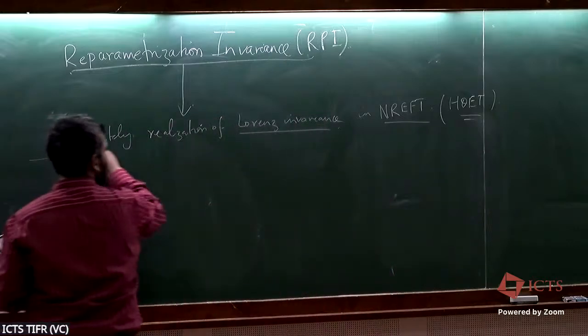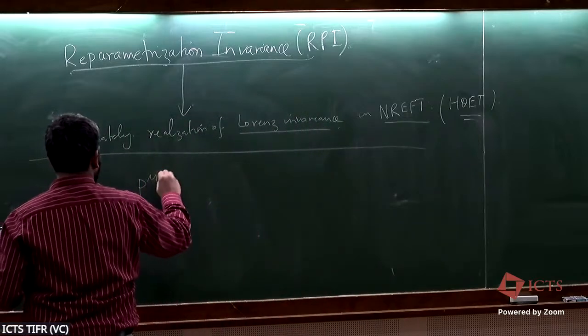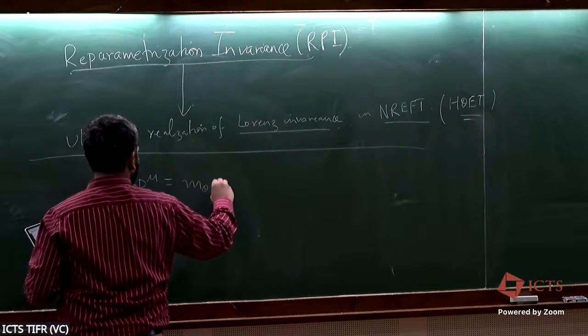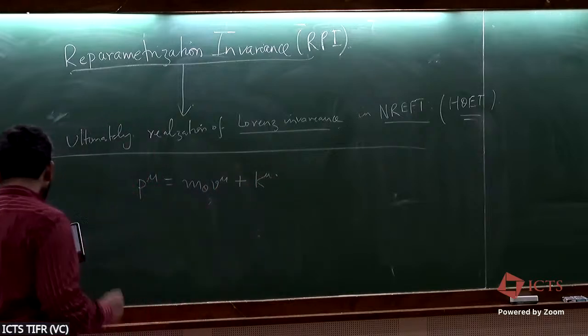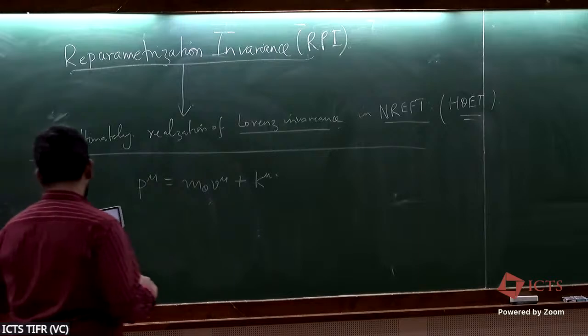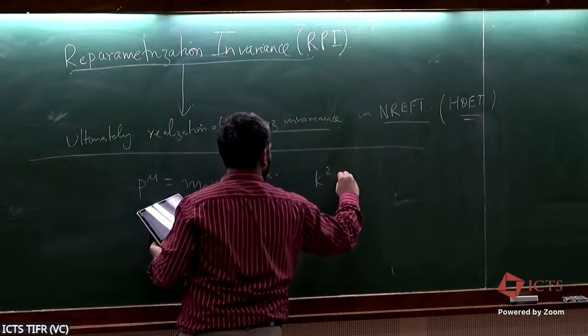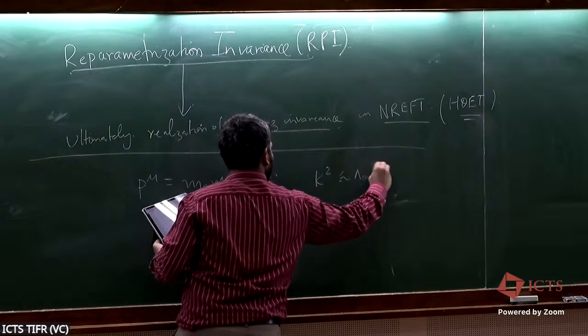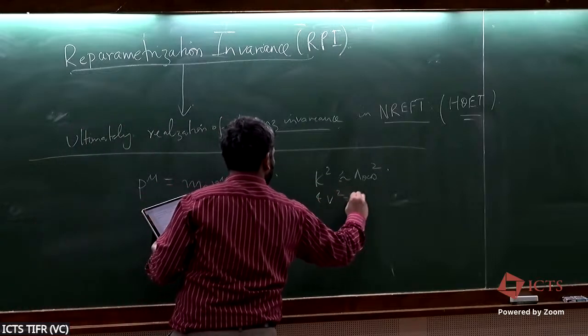before arriving at the HQET Lagrangian, the point was I wrote P mu as MQ V mu plus K mu, where again my K square is of order lambda QCD square, and V square is 1.